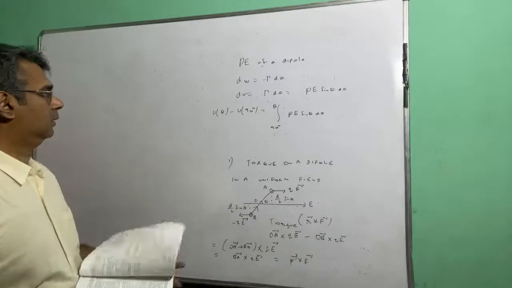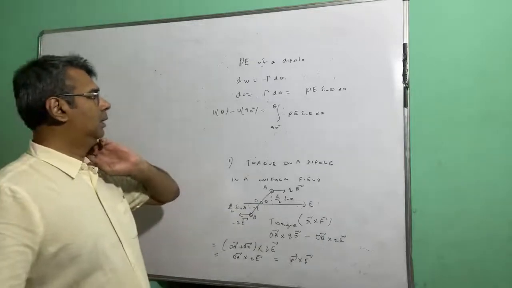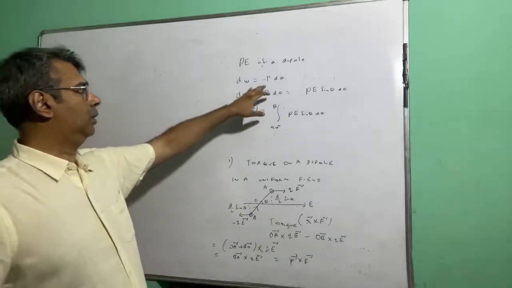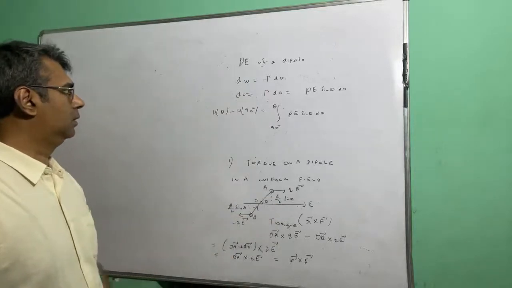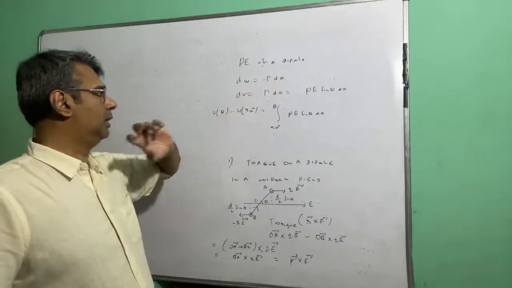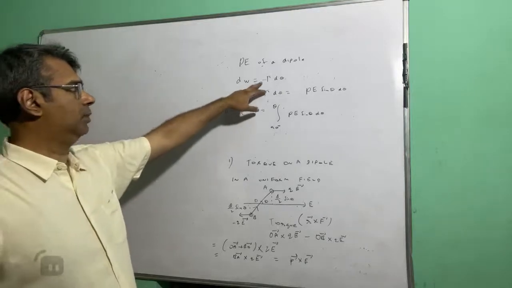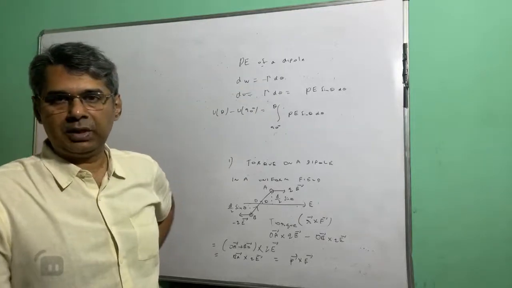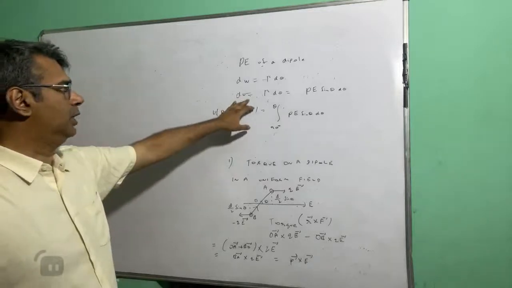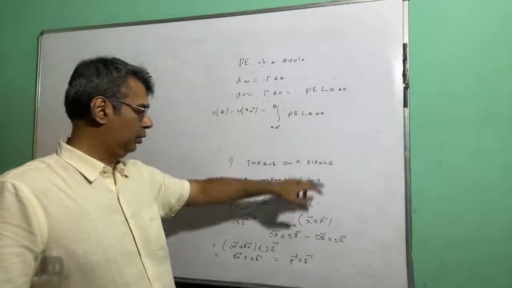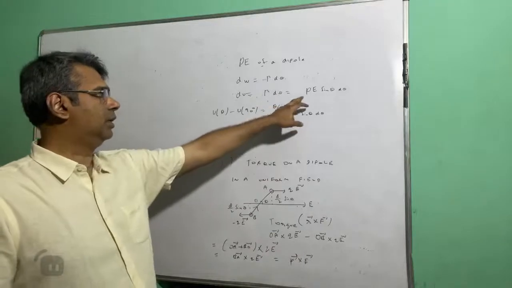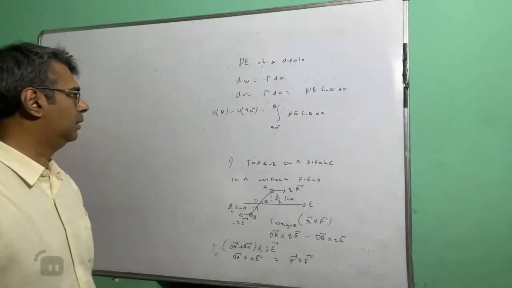The work done in rotating the dipole against an external torque is dW equals minus torque d theta. The change in potential energy is the negative of work done because the electrostatic force is conservative. So dU is torque d theta. You know torque is P cross E, so torque d theta will be PE sin theta d theta.